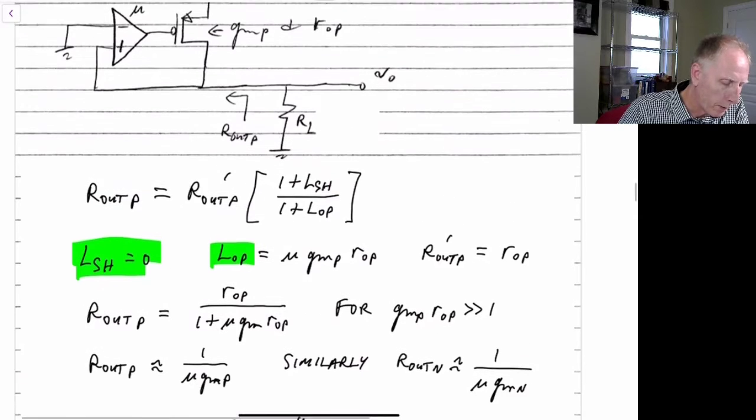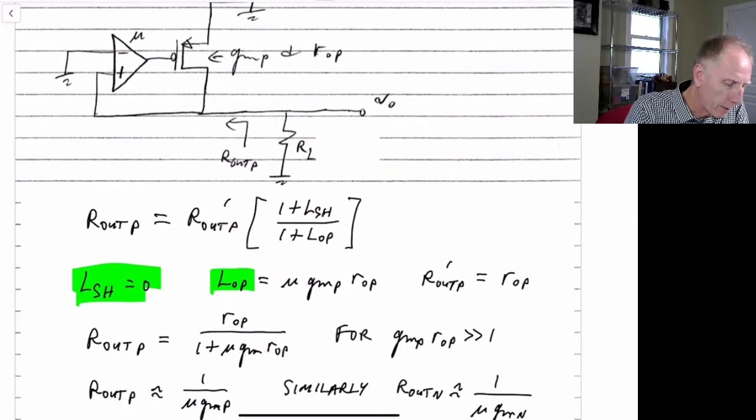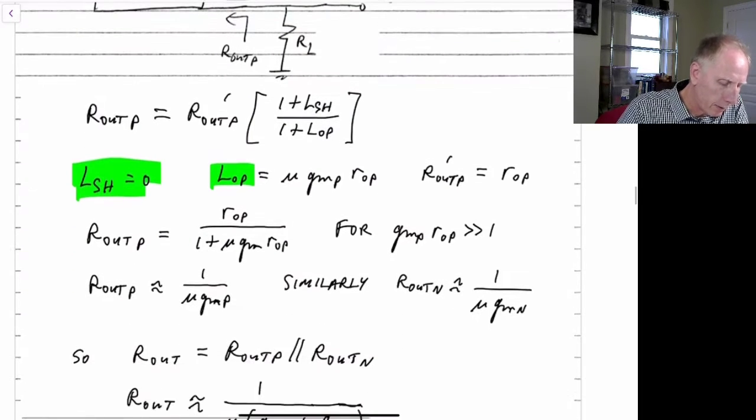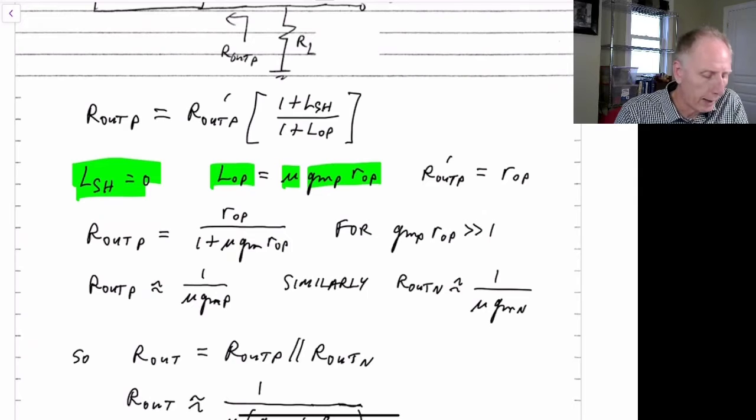When the loop is open, the gain is the gain from here to here, which is mu, and then the gain from here to here, which is minus gm times roP. So the overall gain is mu times gm roP, and the negative sign cancels out because of the way we define the loop gain.